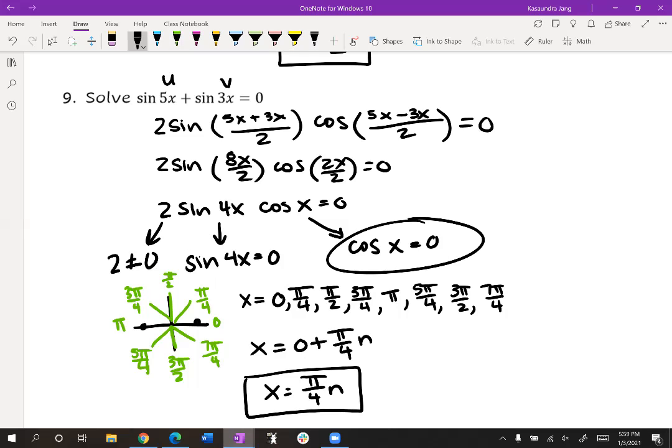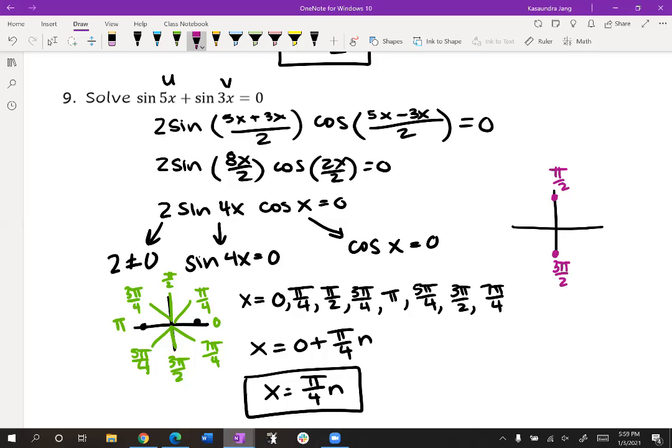Let's look at this last one here. Cosine of x equals 0, which on my unit circle, cosine the x value is 0. See right here and right here, which is at pi halves and 3 pi halves, which this didn't say 2x, 3x, 4x, it was just cosine of x, so I don't have to adjust anything like I did on the sine, because sine was 4x.